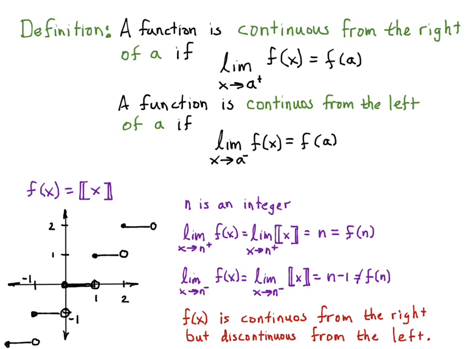Now, admittedly, this is not very intuitive, right? You would think if it's discontinuous, it's discontinuous. And if you look at the graph, you think, oh, of course it's discontinuous because there are gaps. But if we start looking at continuity from one side, we can see that because we have the dot on the left-hand side, as we come from the right to the left, we're going to consider that continuous down to that point.